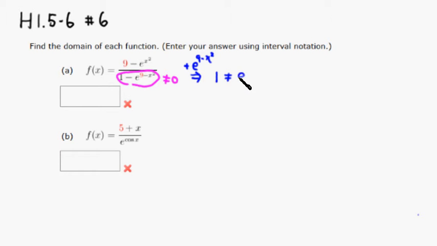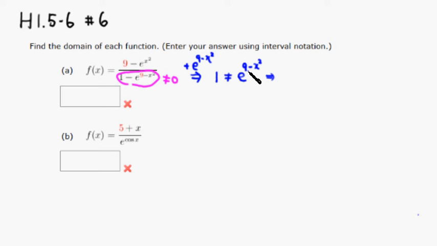Then you have e to the 9 minus x squared. Right? So e to the what power becomes 1? The power we need to make e to the some power equal to 1 is that this power has to be equal to 0.